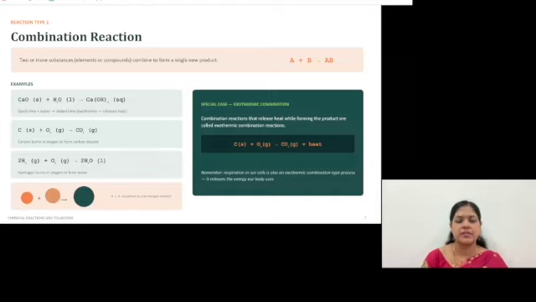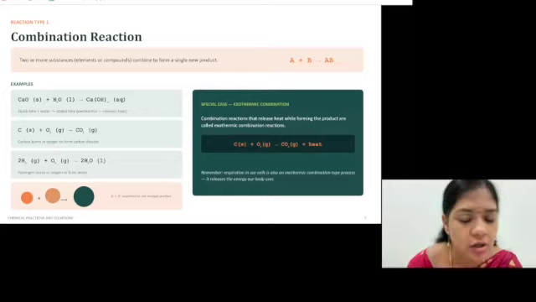Combination reaction is the first type. Two or more substances to join to form one single product, that is called as combination reactions. Okay, so when quicklime and water is reacted to form slaked-lime, carbon burning in the oxygen gives carbon dioxide, and hydrogen burning in the oxygen gives water.